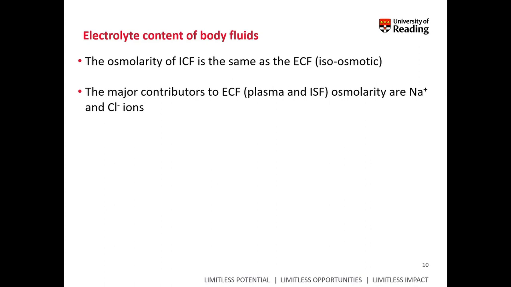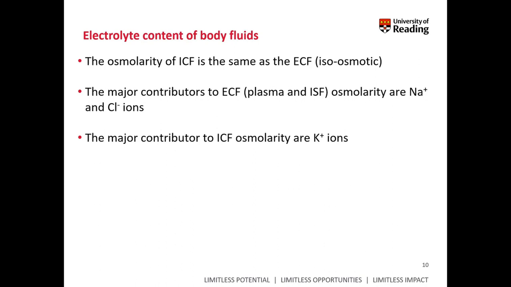The major contributors to the osmolarity of extracellular fluid, interstitial fluid, and intracellular fluid are different ions. For the extracellular fluid, it is sodium and chloride, because the plasma membrane is not very permeable to sodium and chloride, and there is a higher concentration of sodium chloride extracellularly than intracellularly.